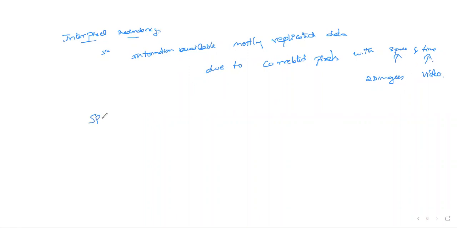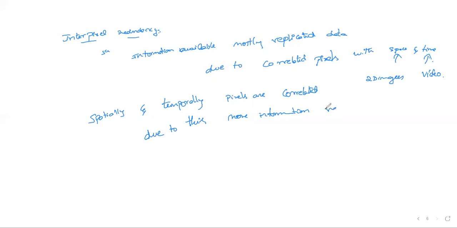So spatially and temporally, image pixels are correlated. So due to this, more information is replicated.